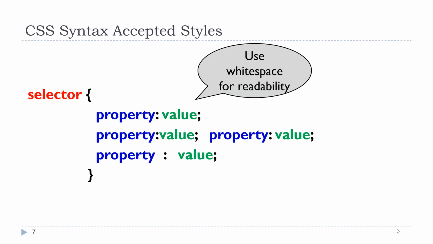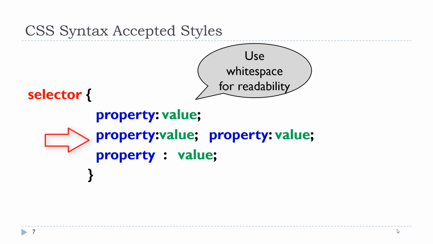There are many different styles that you can use to write your CSS. I recommend you choose a style that works for you and be consistent in using that style. You do not need to have spaces around the colon, but you may. You do not need to write your rules down.